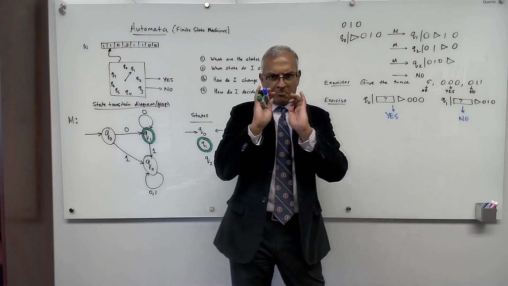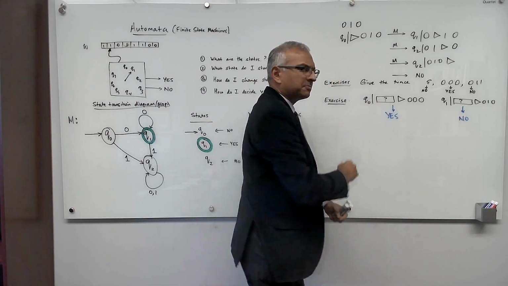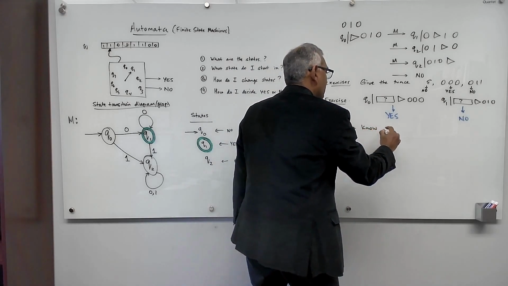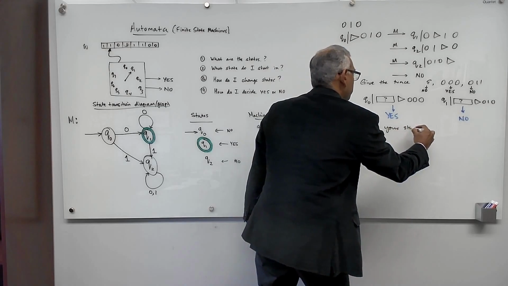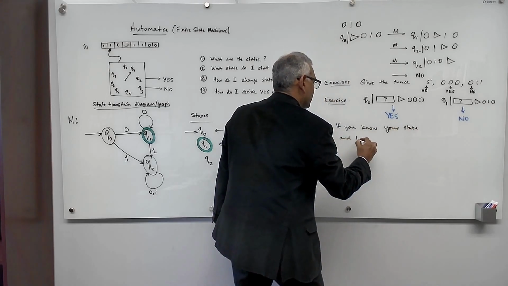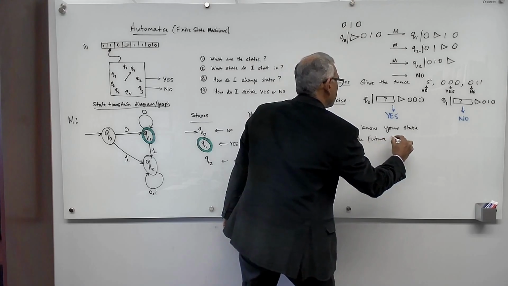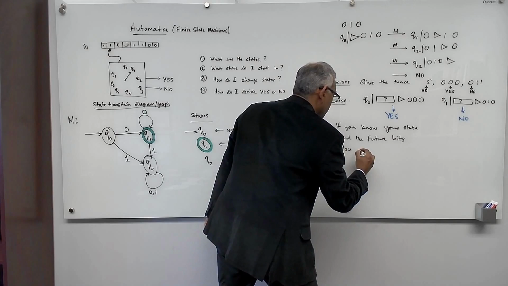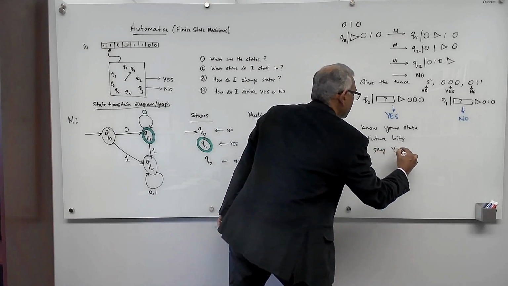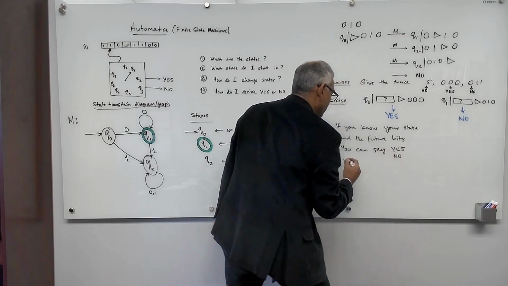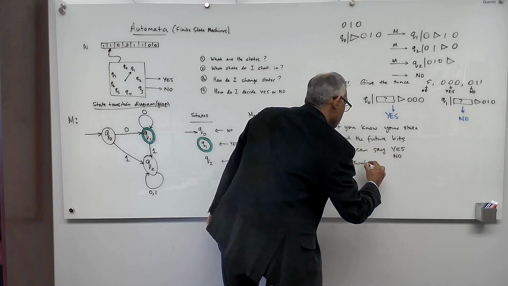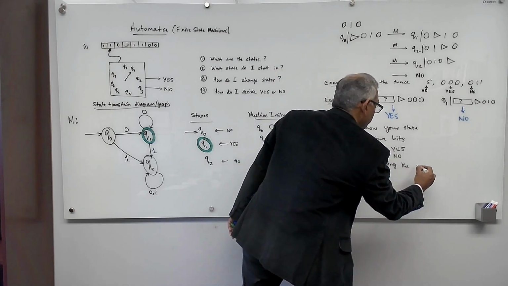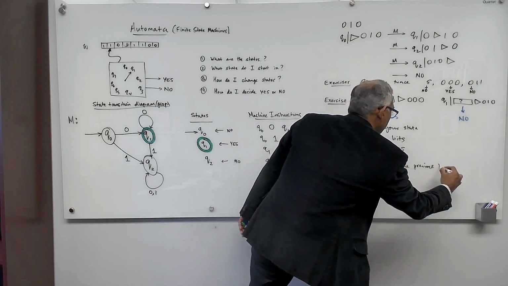So, important: in a finite state machine, if you know your state and the future bits to come, you can say yes or no without knowing the previous bits.